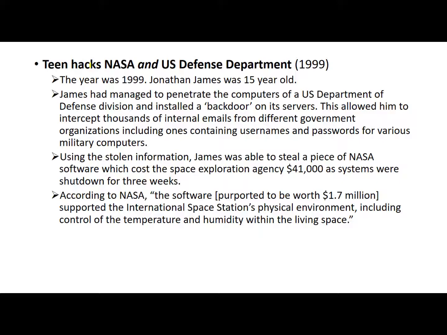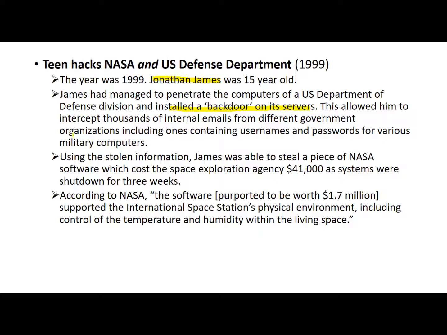Another attack is the teenage hacker who hacked NASA and the US Defense Department. That happened in 1999. At that time, the boy called Jonathan James was just 15 years old. In fact, he invaded a computer of the US DoD and installed a backdoor on its server.